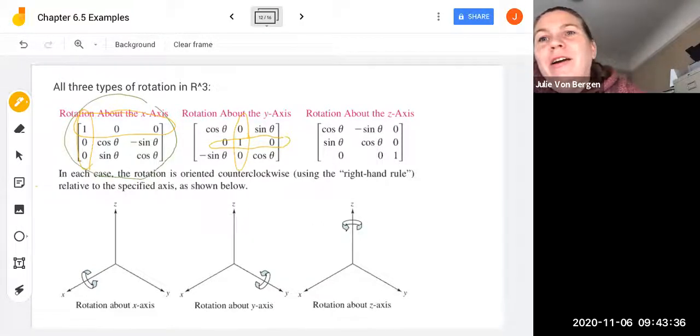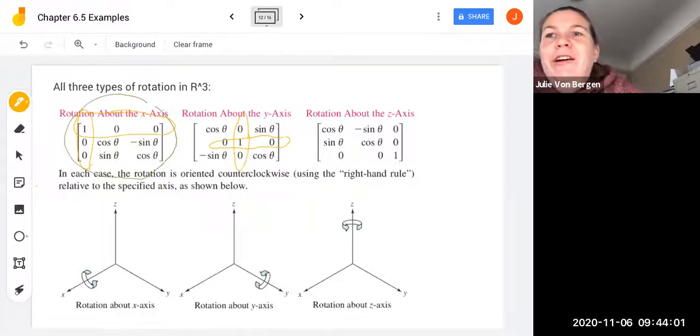And then we've got our cosine and negative sine in row 1, column 1, and row 3, column 1, and our sine theta and cosine theta in row 1, column 3, and row 3, column 3. So you can see how those move around here.